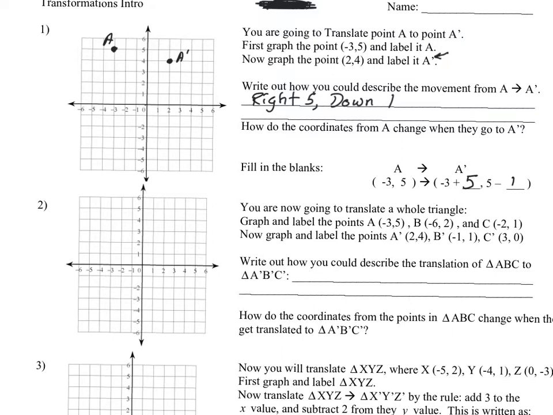Now we're going to plot a triangle, and then we're going to move that triangle. Okay, so we have to plot the points A, B, C. Point A is at -3, 5, which is where we were in the previous problem. So there's point A. Point B is at -6, up 2.